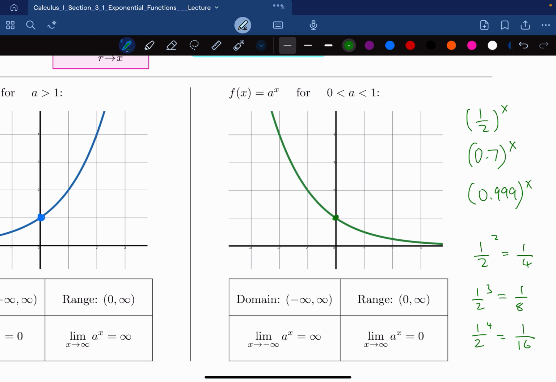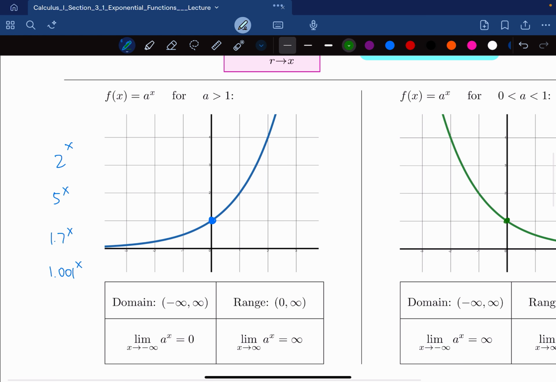The point here is, as the exponent increases, the function decreases. It's always going to be positive, but it's going to get smaller and smaller because you're going to have a bigger and bigger denominator. So you're going to approach 0.